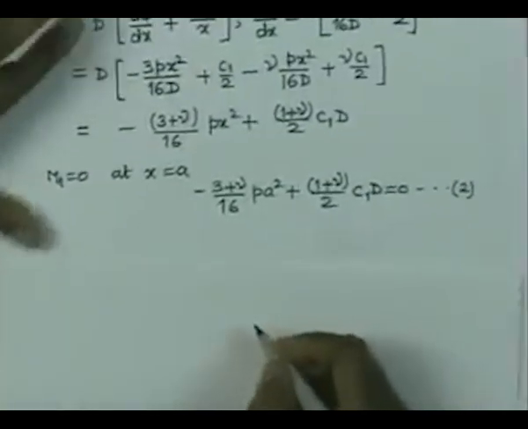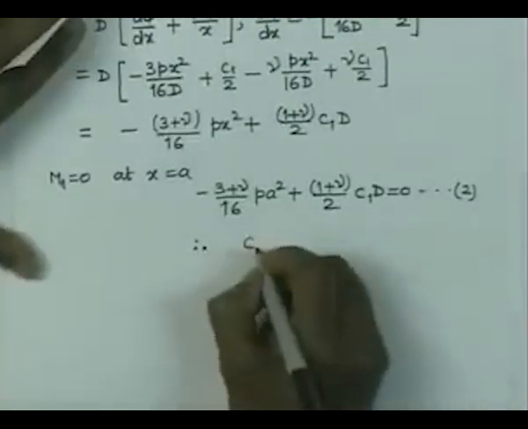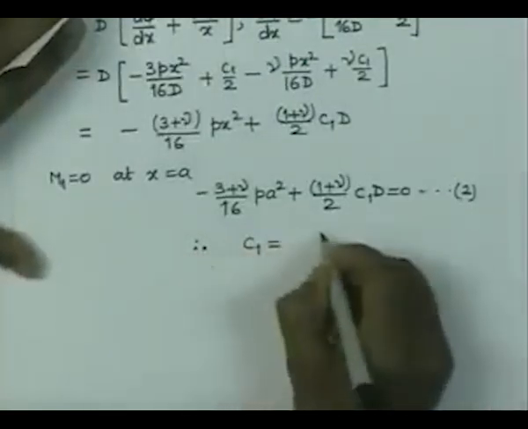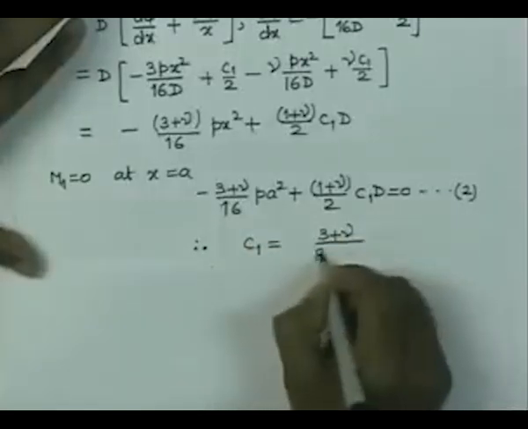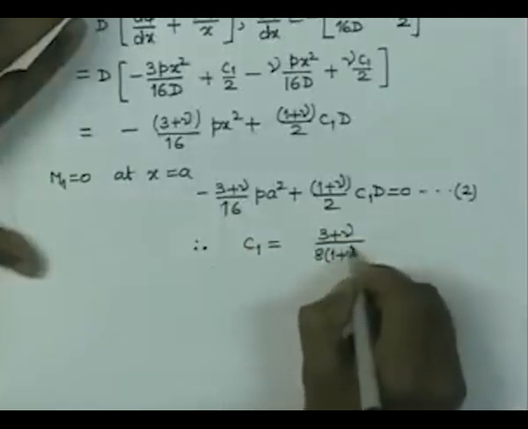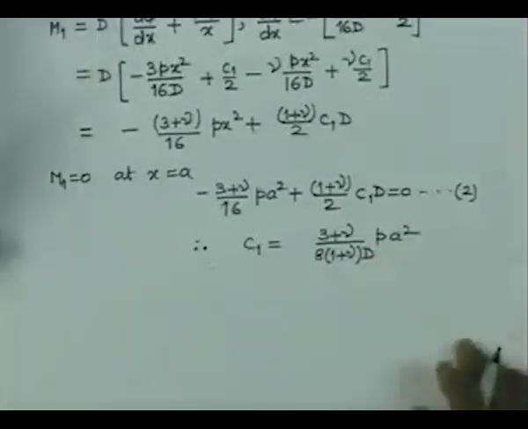And therefore, we get C1 equal to 3 plus nu by 8 into 1 plus nu into D p a square.